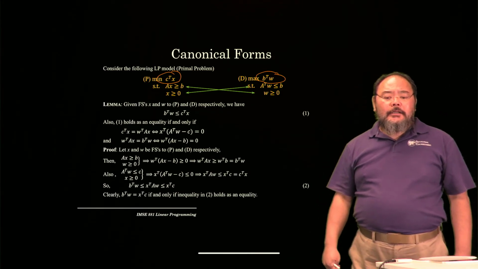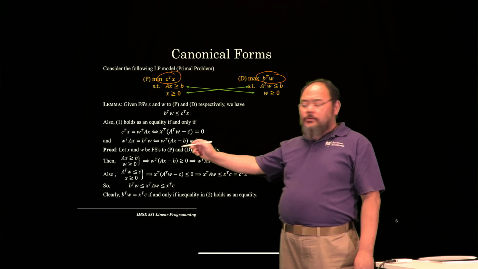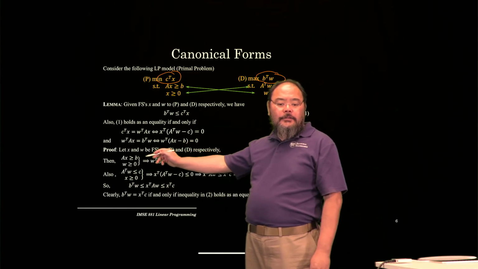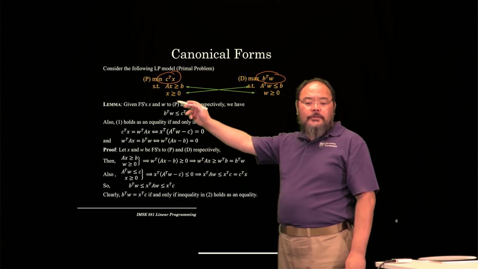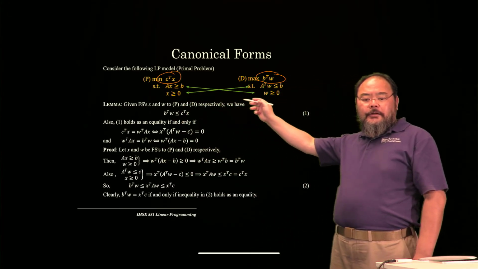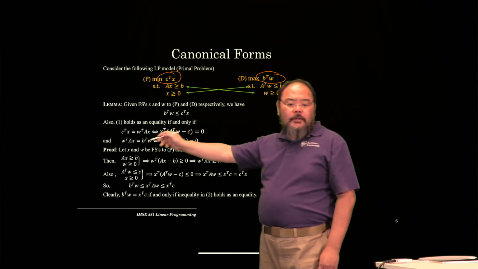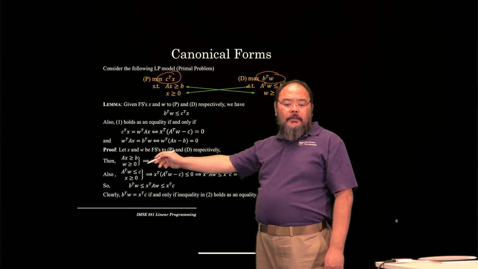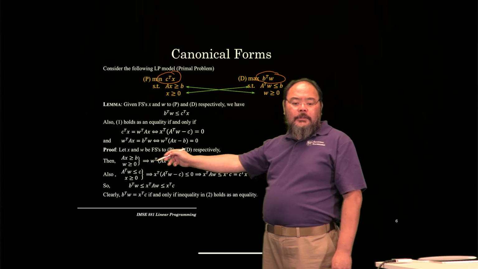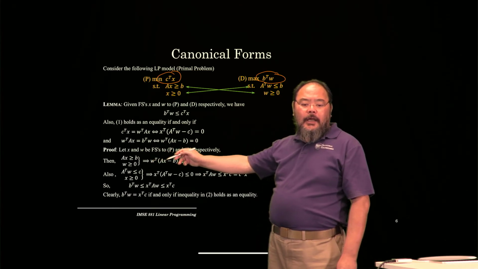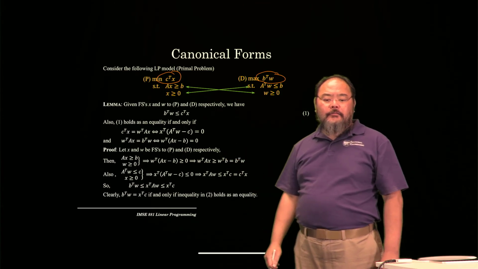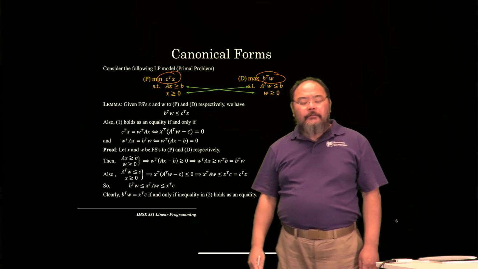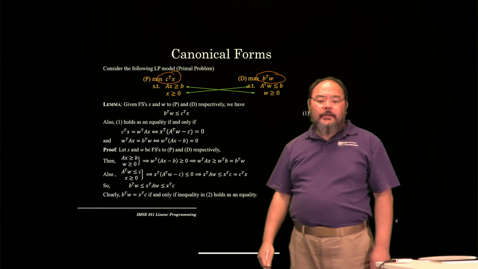First, based on the primal constraint, AX greater than or equal to B, and the dual variable, omega greater than or equal to 0, so this first green line over here. Omega times (AX minus B) is supposed to be non-negative, because non-negative times non-negative is non-negative.